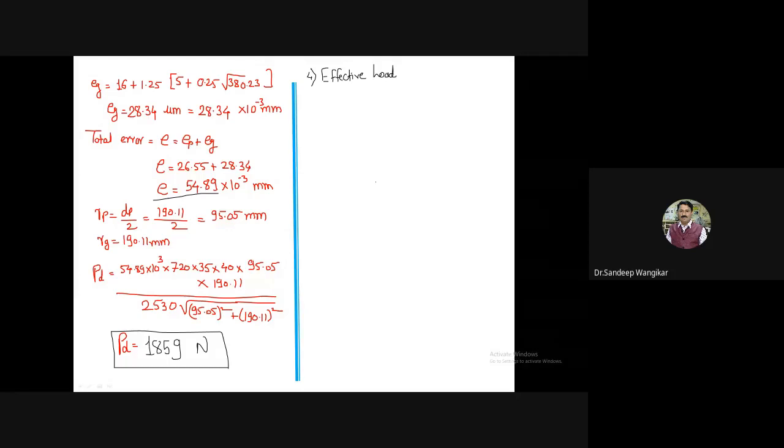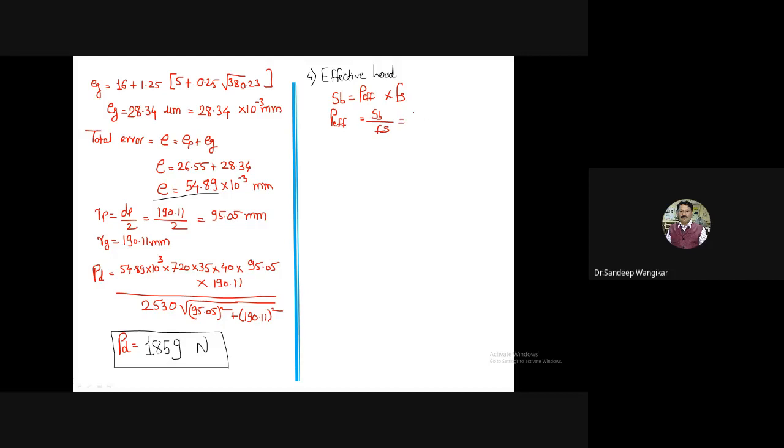Okay, so effective load here I will say we have already written that SB is less than SW, therefore SB is the criteria. SB is equal to P effective into FS. Very simple. Therefore, P effective is equal to SB divided by FS. I am simplifying it.